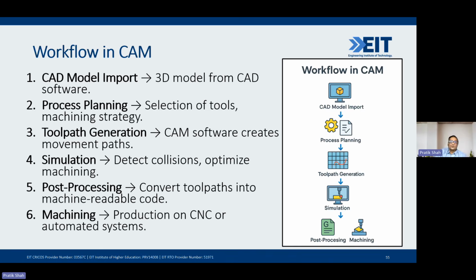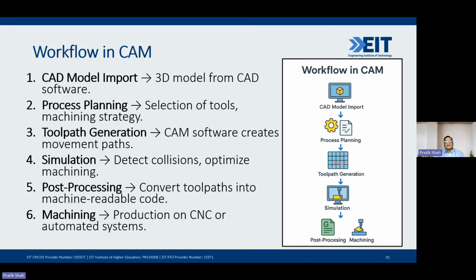Process planning, as in the case of a conventional machine tool, involves various selections of tool, machining strategies, manufacturing sequences, etc. Tool path generation is specific to CAM software. It will show you the motion of the tool when the machining will actually be done. It will give you a simulated view.